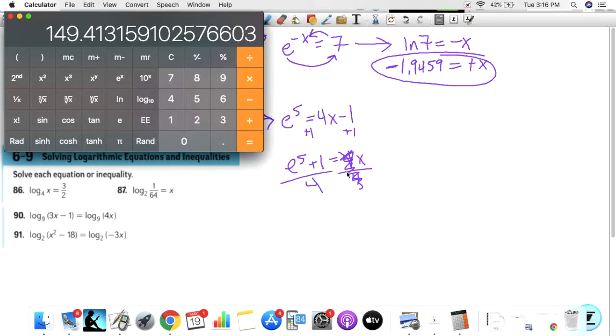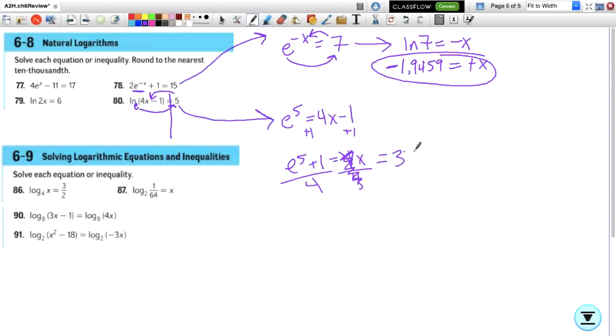Okay, make sure every time you do something you press enter. Now I'm going to divide by 4. And I end up with 37.353, and then I have to round this up to 3. So 37.3533. And that's my answer. Okay, that's what x equals.